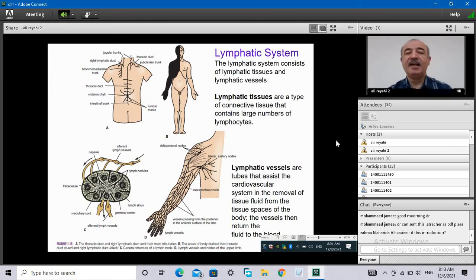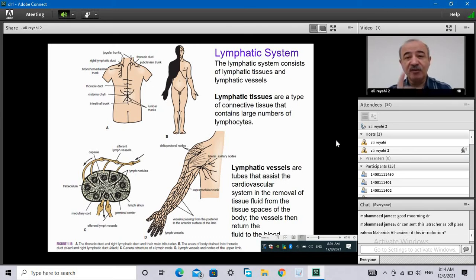Okay, and within our body there is some lymphoid tissue. What is the lymphoid tissue? The lymphoid tissue is a special connective tissue that is formed by accumulation of lymphocytes. What is the lymphocyte? You know that the lymphocyte is a type of leukocyte of the blood.